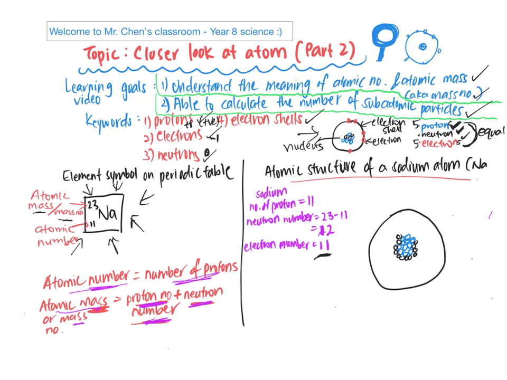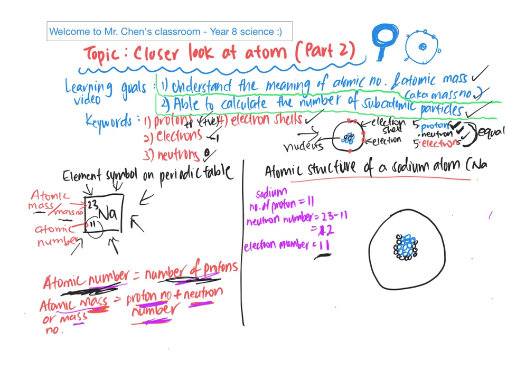Let's look at the numbers first. The atomic number, the smaller number, the 11, represents the number of protons in the atom. That means there are 11 protons in sodium atoms.